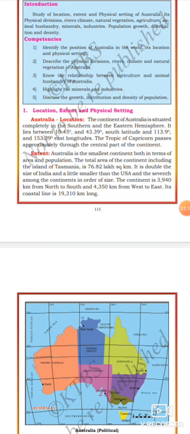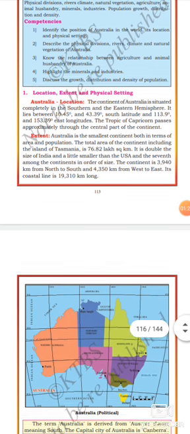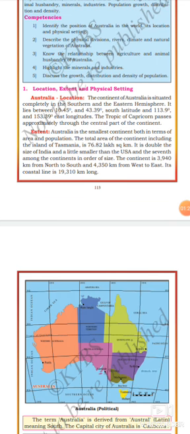Now we'll see that extent of Australia. Australia is the smallest continent, both in terms of area and population. The total area of the continent, including the islands of Tasmania, is 76.82 lakh square kilometers.